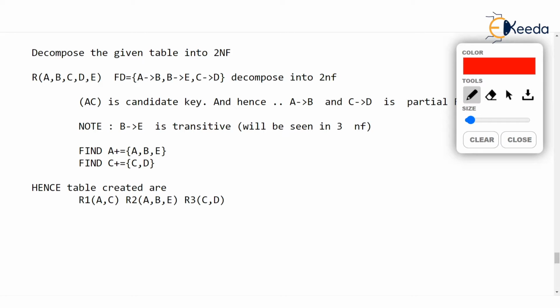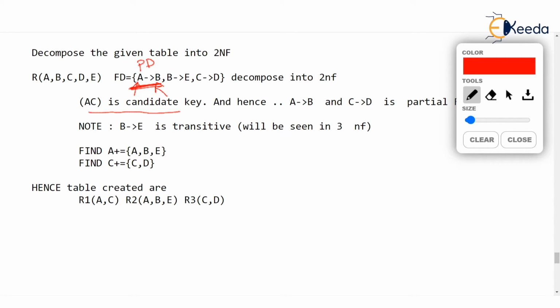Now watch this. The functional dependency which I am underlining is a partial dependency because the left hand side is only A and the candidate key is AC. So the left hand side is part of the candidate key, and watch the right hand side, B here, is not part of the candidate key. So it is a non-prime attribute.